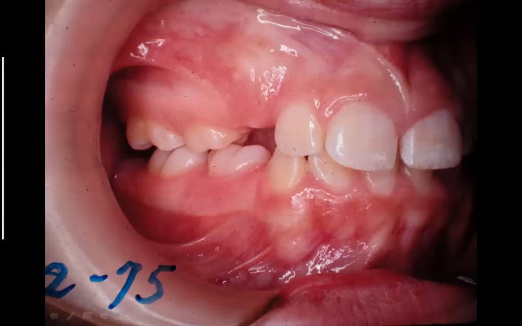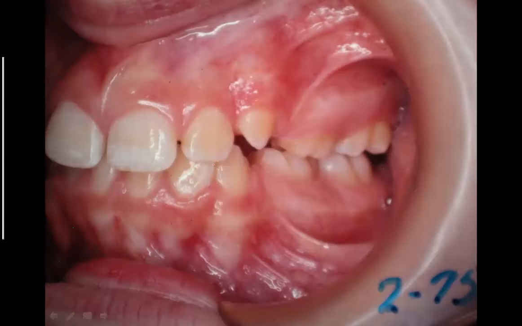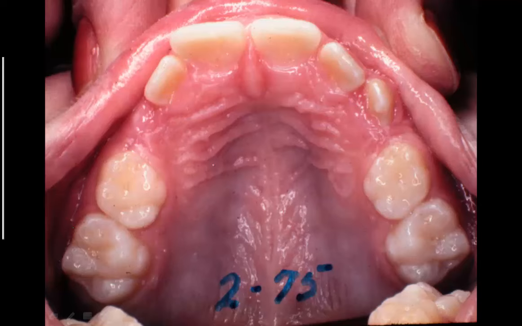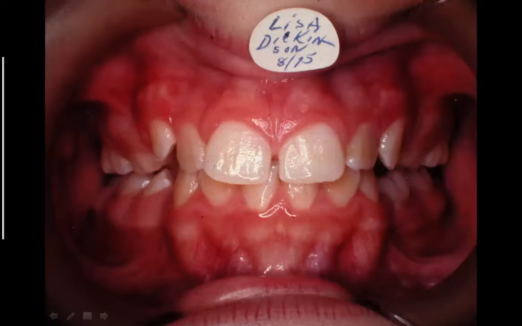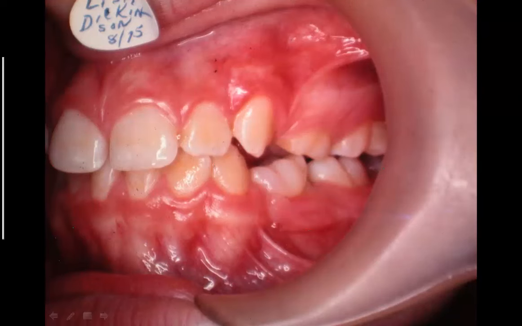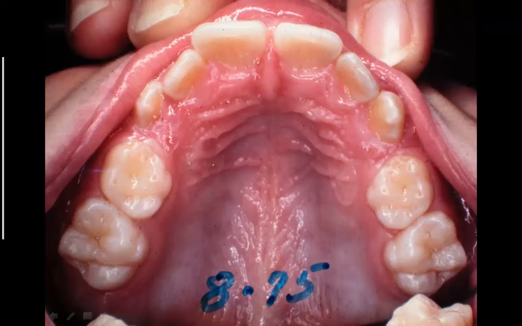And if you just follow the case through, the case got better all the time. It wasn't perfect by any means, but if it had no other orthodontics, it would have looked pretty decent, much better than it would have if you left the crowded situation there.